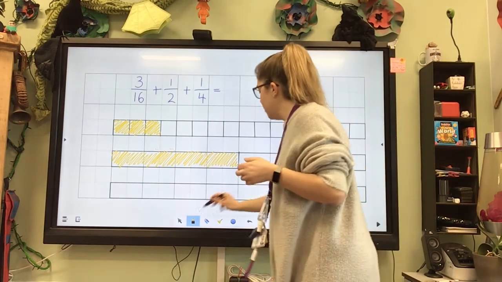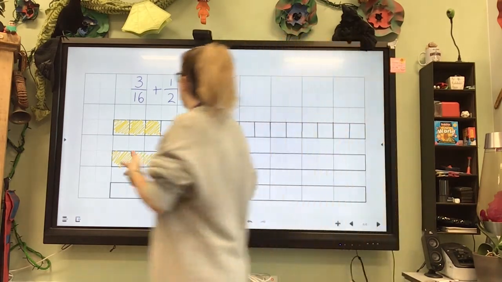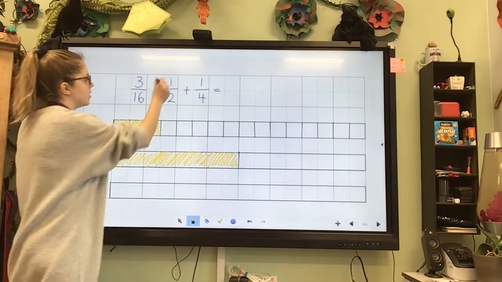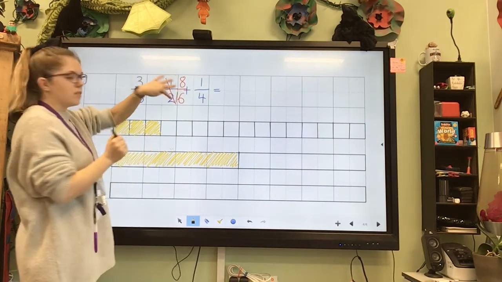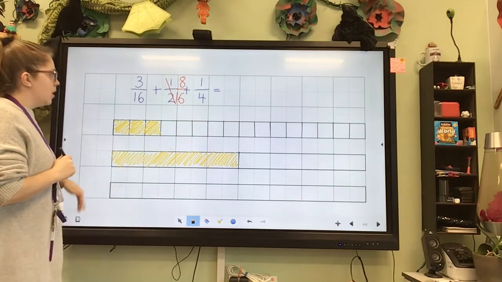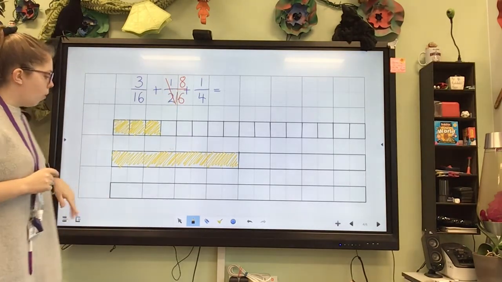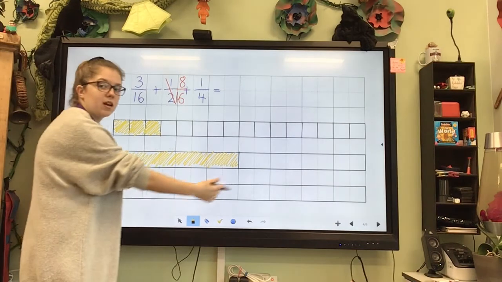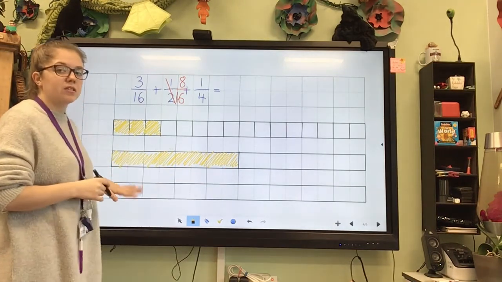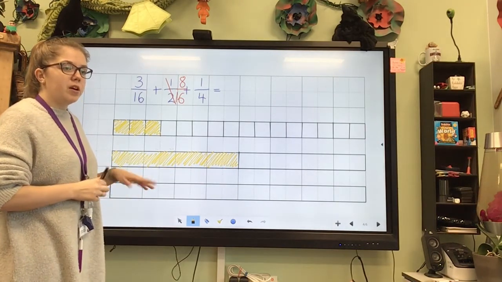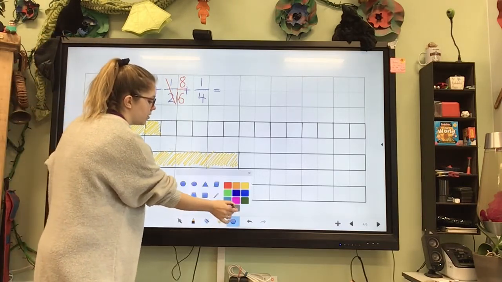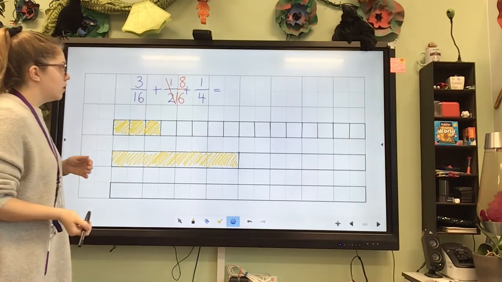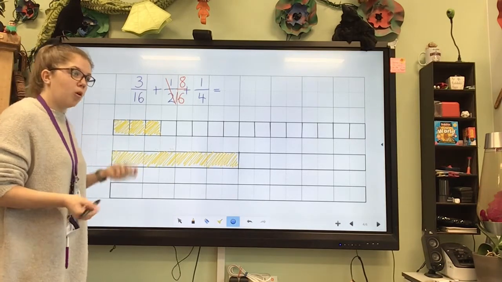Good. And we could almost jot that down because we don't need to work that out. As long as we know what half of 16 is, we know that half in 16ths is going to be 8/16. Okay? Which leaves us with our 1/4. So again, there's 16 parts or 16 squares in our bar. If we need to split that into 4 equal parts, how big is each part going to be in squares? 16 divided by 4, it's going to be 4.